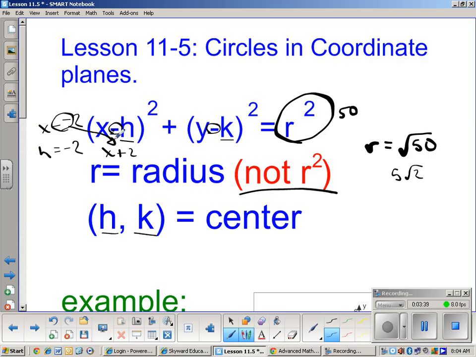And the same thing over here with the y. If that is a plus sign in there, then h would be a negative. If that's a minus sign in there, then h is a positive. It's always going to be the opposite sign.